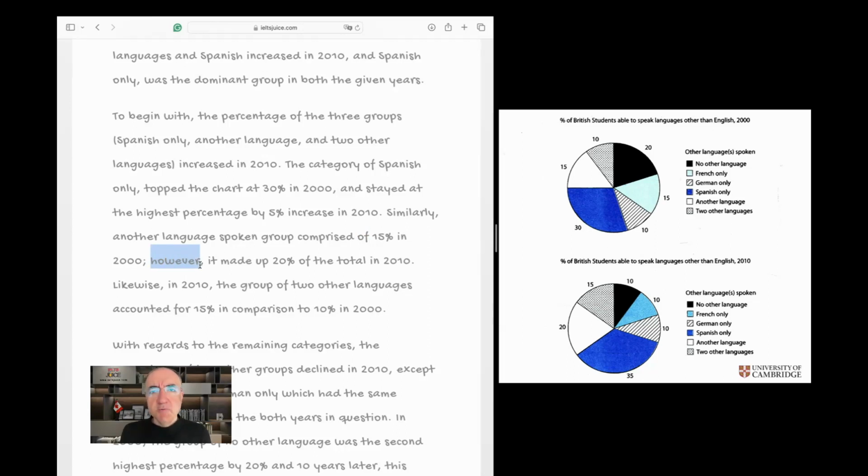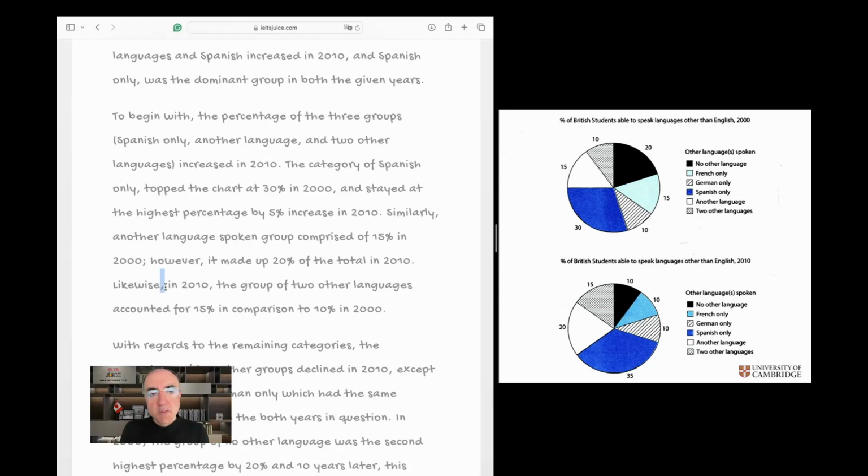Is 15% the opposite of 20%? 15% increased to 20%, that's correct. But at the same time, the previous sentence says the same thing. We went from 30 to 35. This time we go from 15 to 20. So in both cases, we had the same pattern. I do not see any contradiction. I do not see any opposite here.